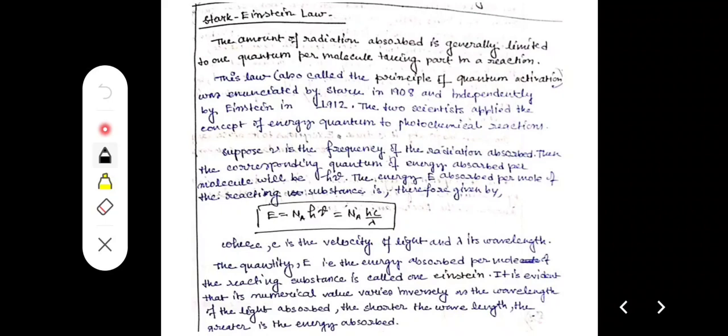That is the Stark-Einstein law. The Stark-Einstein law says that the amount of radiation absorbed is generally limited to 1 quantum per molecule taking part in a reaction. That is, radiation is always 1 quantum per molecule. One molecule absorbs 1 quantum only.